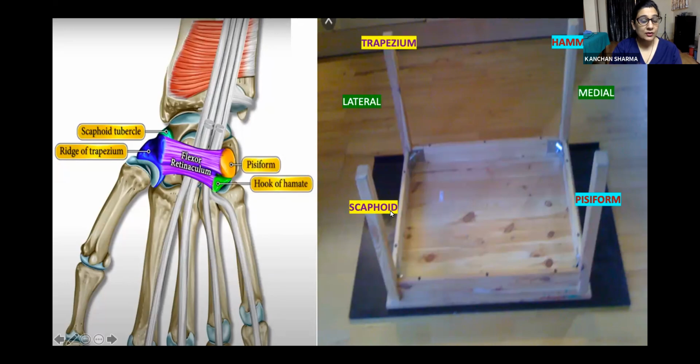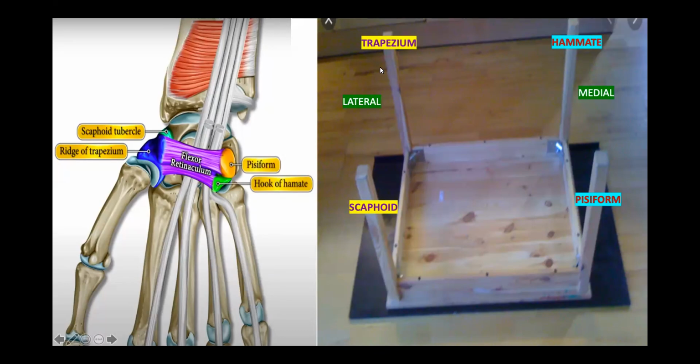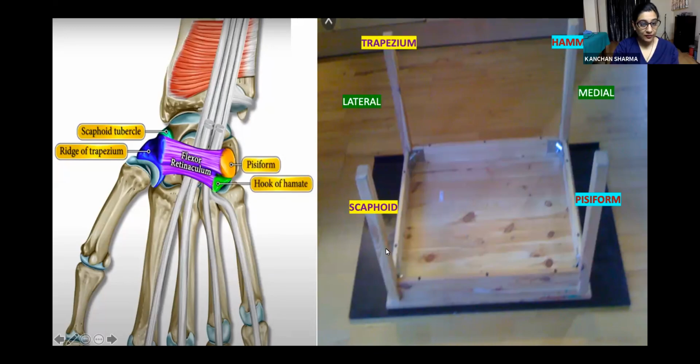And after your scaphoid, we always say sit, so you can remember it like that. It is trapezium. Now pisiform and the scaphoid are like two persons standing, and they form the proximal carpal tunnel. When you go further, you have your hamate and your trapezium, they form the distal carpal tunnel.